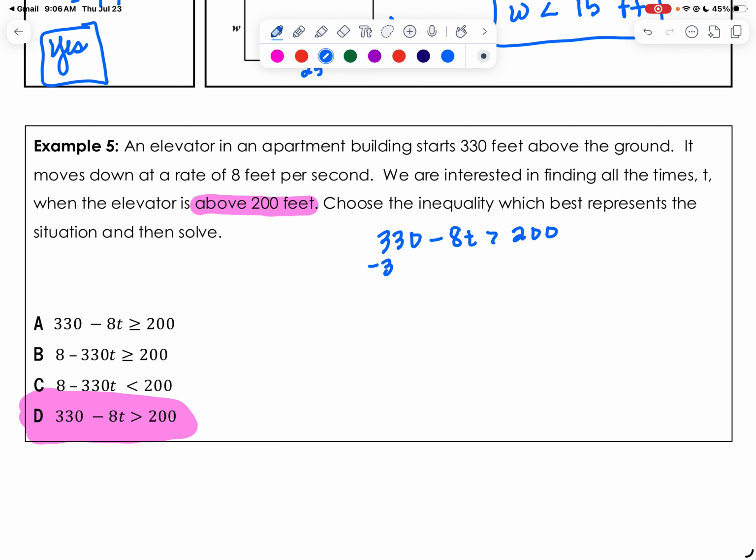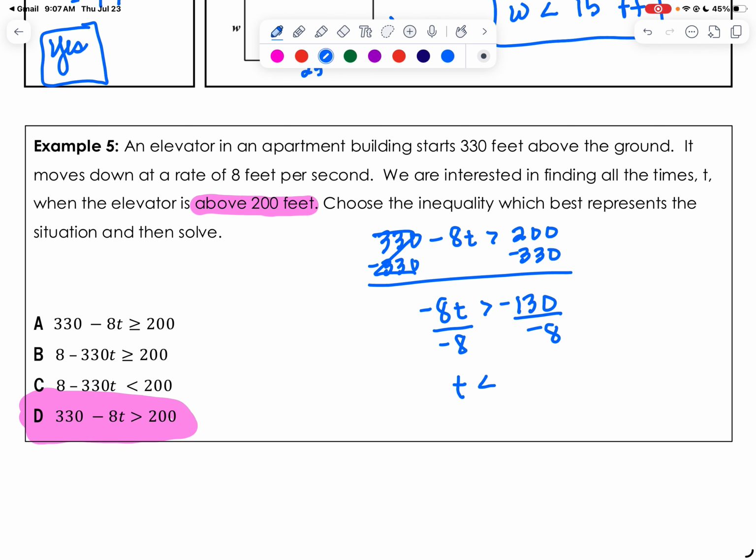So if I subtract 330, this would zero out, and I'm left with negative 8t is greater than negative 130, and then I divided both sides by negative 8. Now, what you have to remember here is from our previous lesson, when you divide by a negative, you must reverse your symbol. So the greater than is going to become a less than.